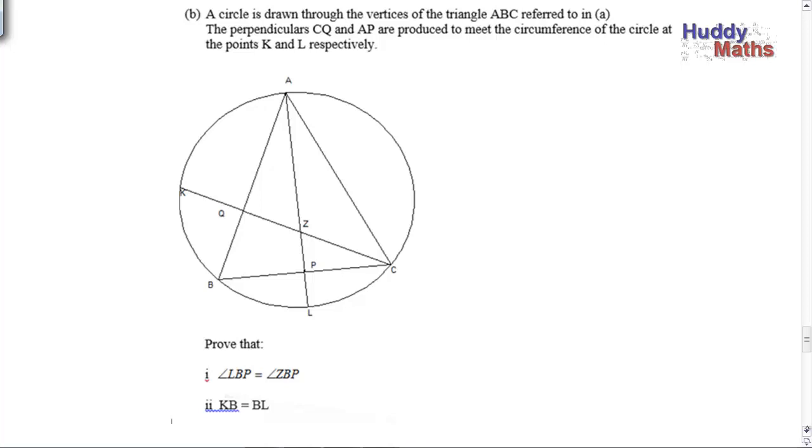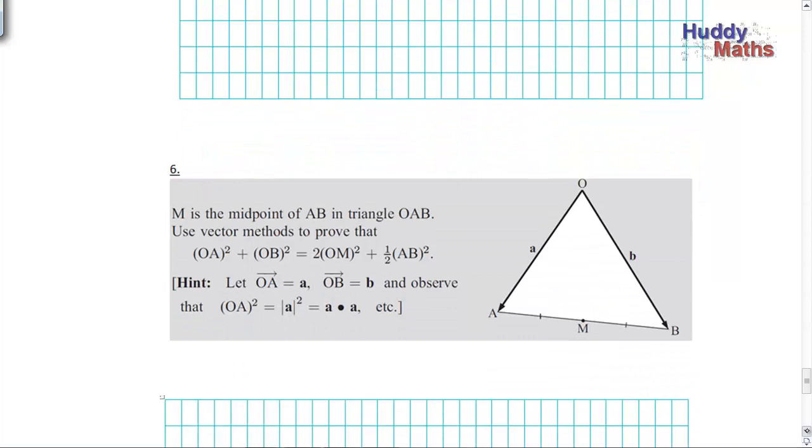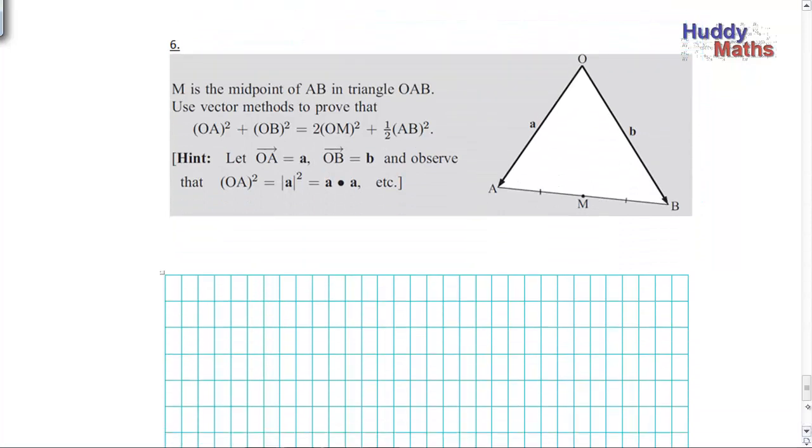And finally, question 6. This one's a screen clip from Hayes and Harris publications. Okay, so I thought it was a good one for a vector type proof.